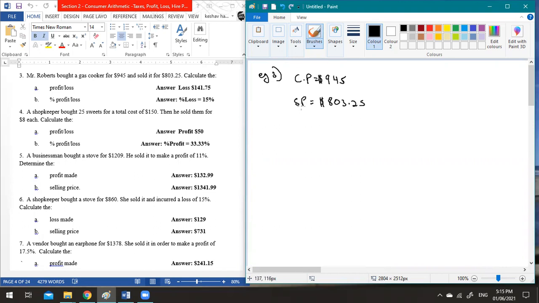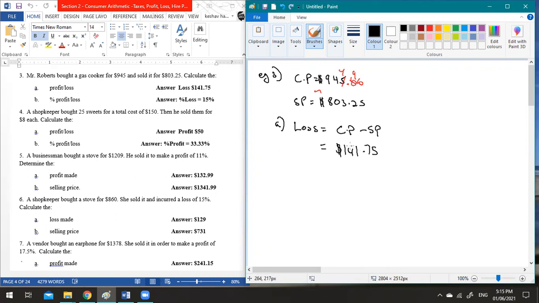Now, once the selling price is less than the cost price, right, we know the loss is the cost price minus the selling price. And you could just work this out right here. You're subtracting. So you had to borrow 1 from 5, you get 4, you'll get 10 here, borrow 1 again, you'll get 9. So 10 minus 5 is 5, 9 minus 2 is 7, 4 minus 3 is 1, 4 minus 0 is 4, 9 minus 8 is 1.